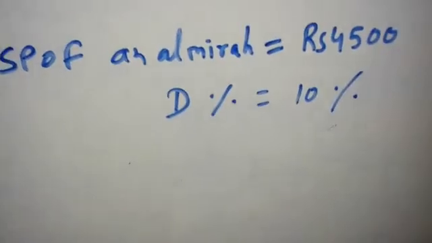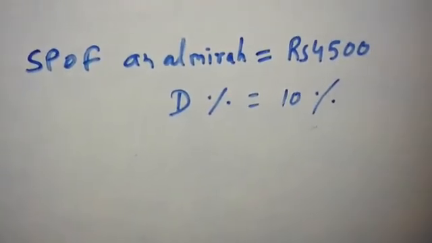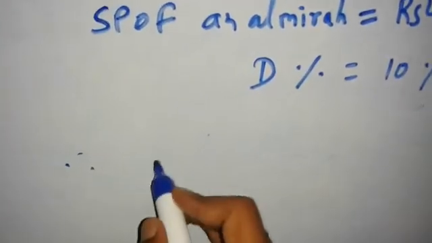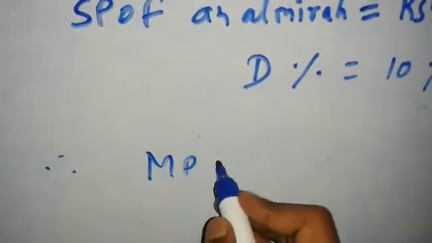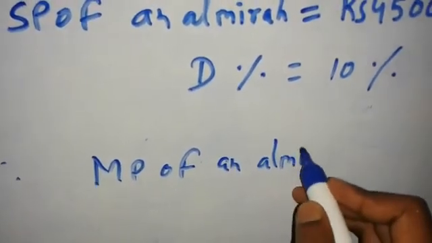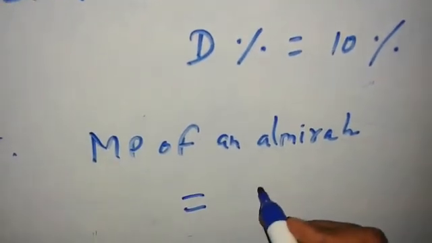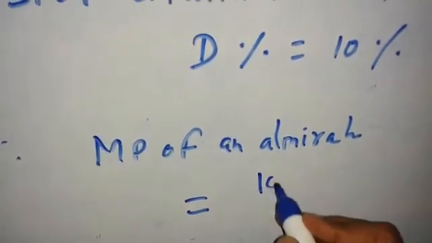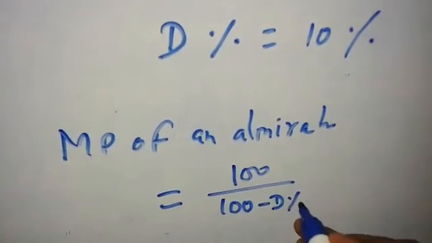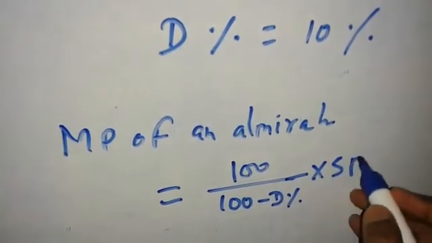As I told you, the formula for finding the MP when SP and discount percent are given is: MP of an almirah equals 100 by (100 minus discount percent) into SP.